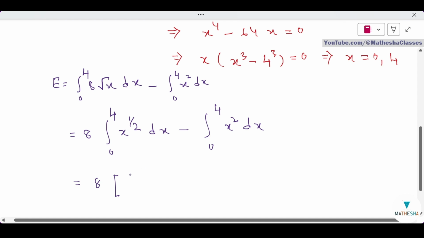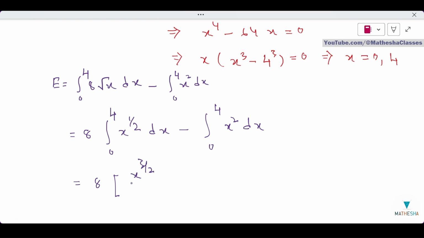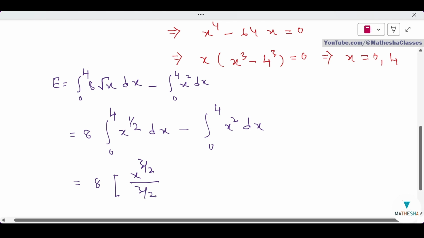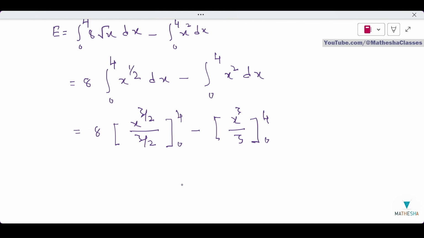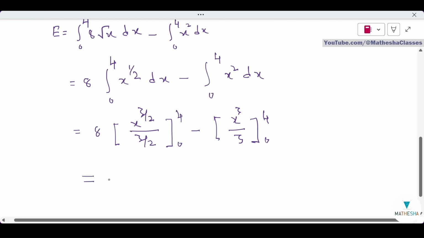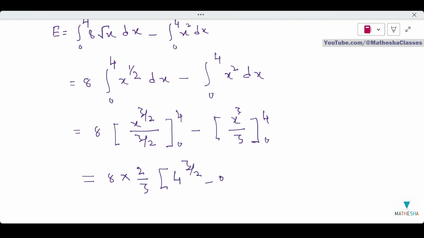Integration of x to the power half is x to the 3 by 2 upon 3 by 2, 0 to 4, minus x cube by 3, 0 to 4. That is equal to 8 into 2/3 into 4 to the power 3 by 2 minus 0, minus 1/3 times 4 cube minus 0.